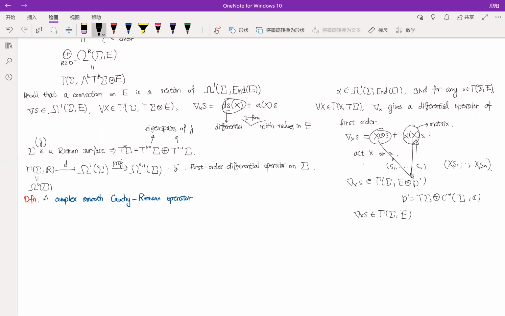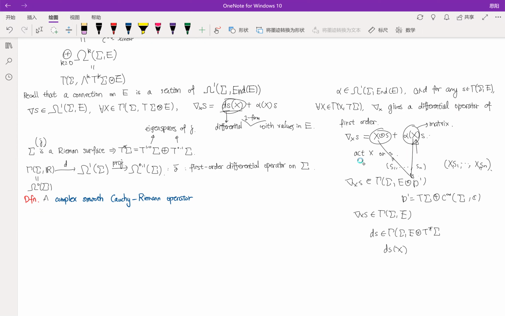Or to say, we just write it as dx as a vector valued differential operator on the differential one form with value in E, and then we pair with x.